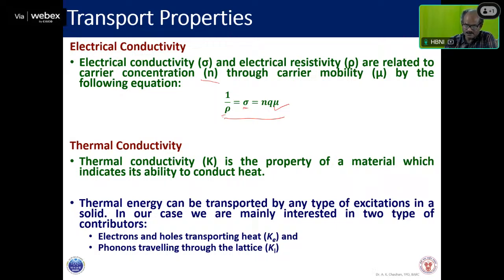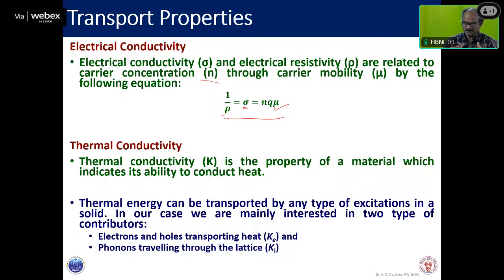And thermal conductivity is the property of a material which indicates its ability to conduct heat. So thermal energy can be transported by any type of excitations in a solid. In our case, we are mainly interested in two types of contributions. What are the two types of contributions? That is electrons and holes transporting heat. How?